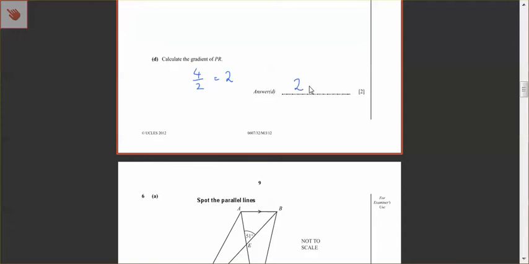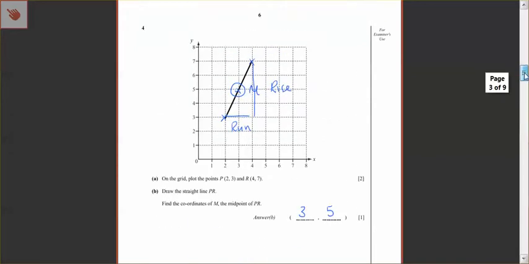Gradient of a straight line, we did that in year 9 too. Why rise and then run? It's the distance. You've got this point to this point, P to R. How far you go across is the run, and how far you have to go up is the rise.